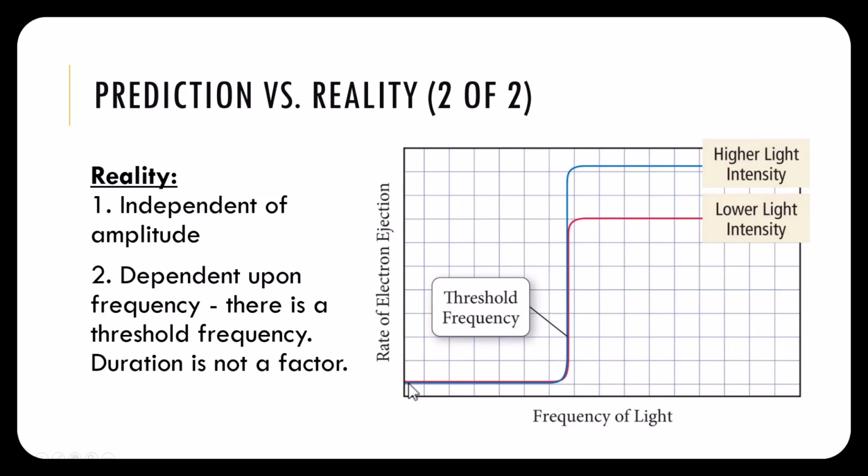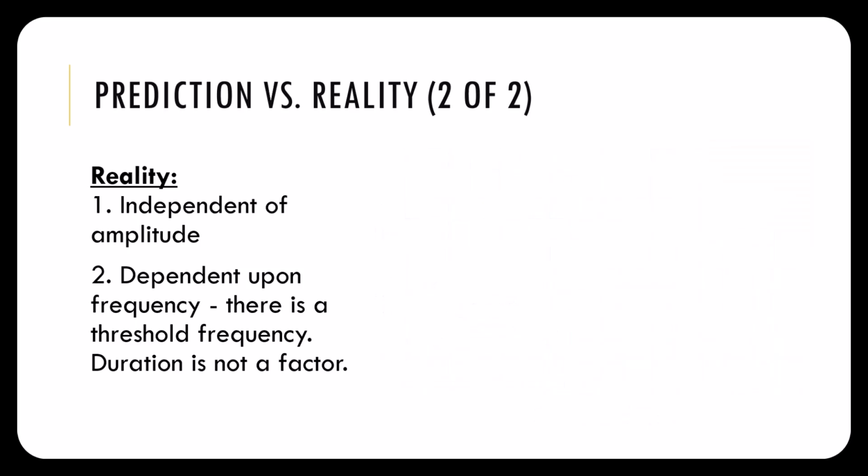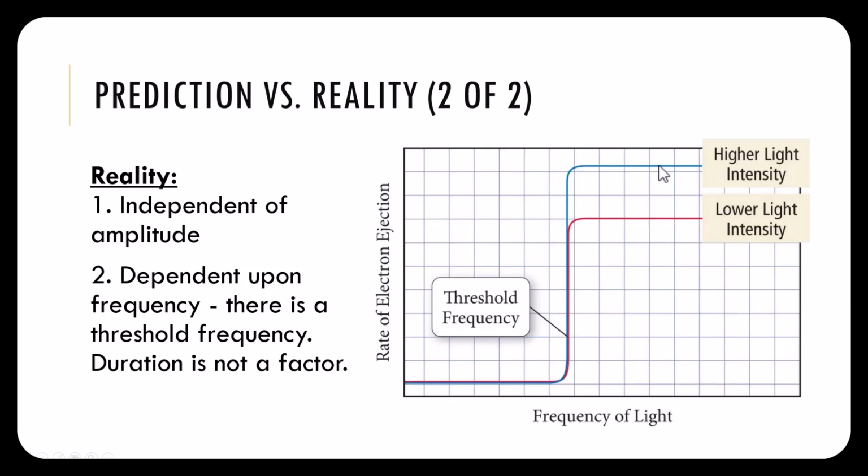So what we see is two lines. The red line is a low intensity light, so low energy, that's our ping pong ball. The blue one is a high intensity light, that is our lacrosse ball.